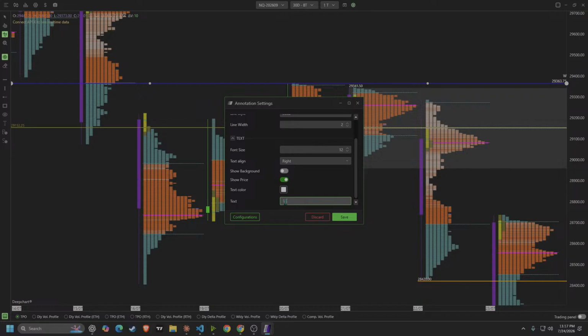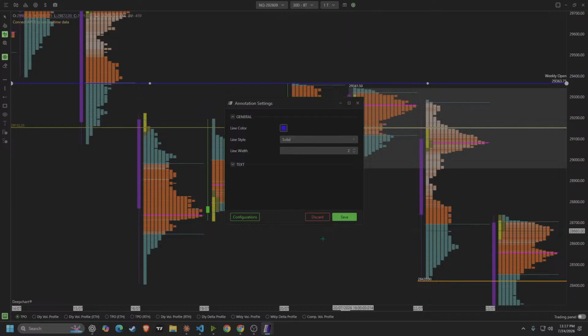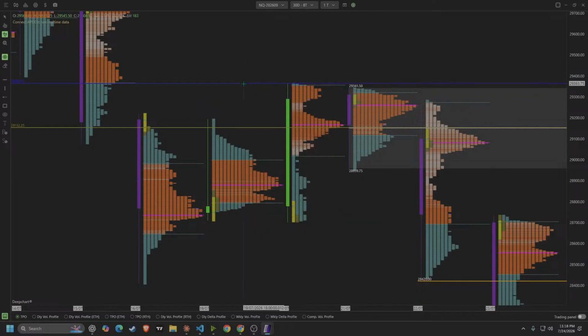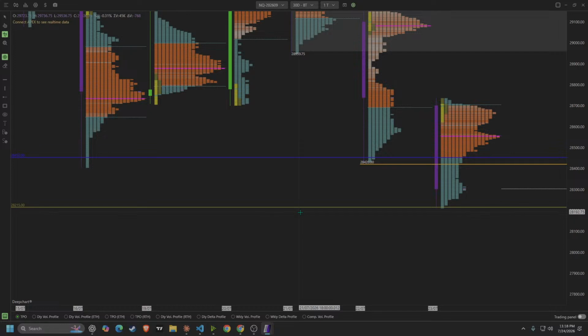And this is weekly open, all right? Duplicate it, scroll up here, get rid of this line. Now we have a weekly close.